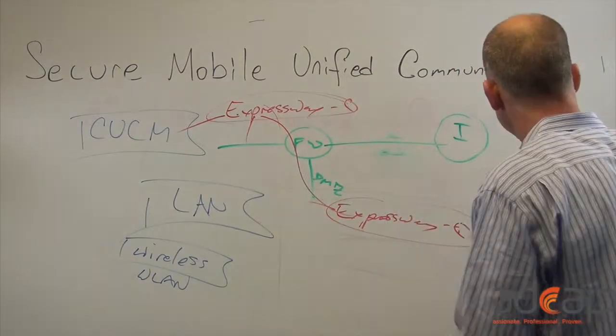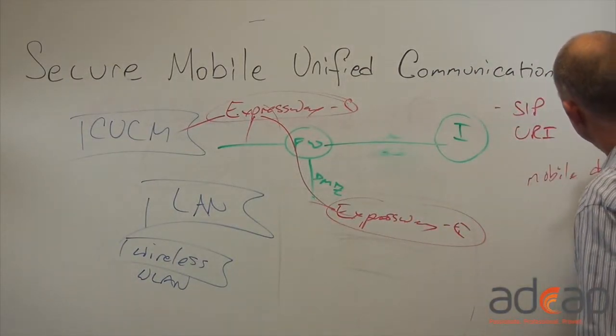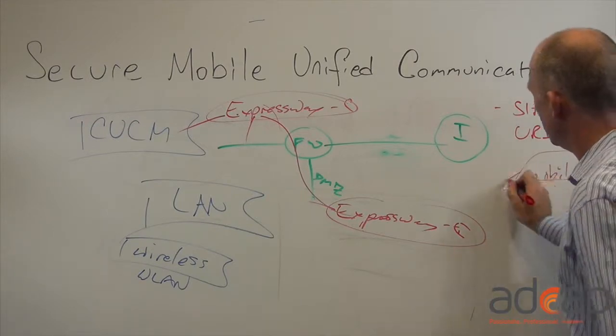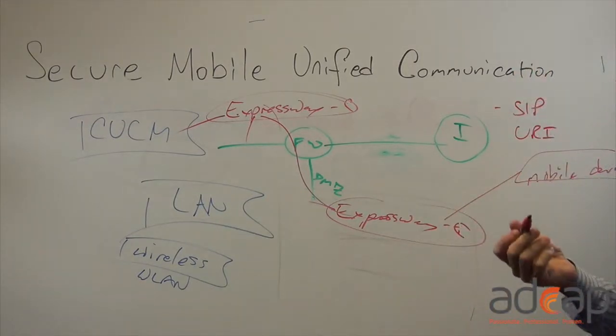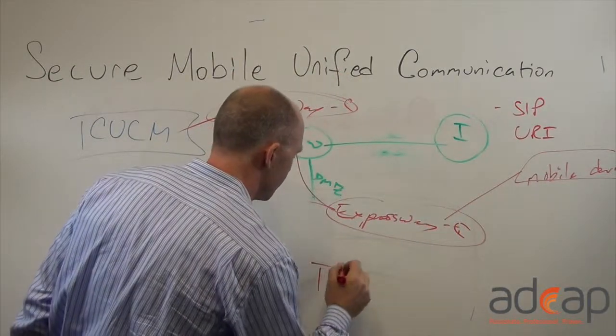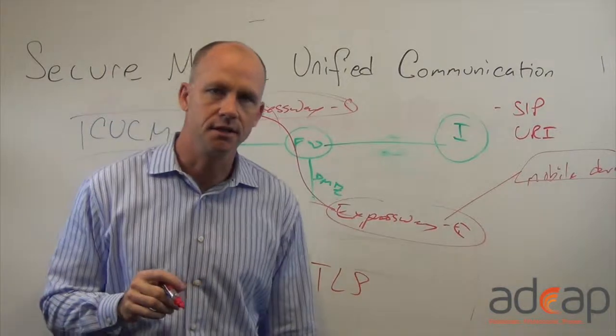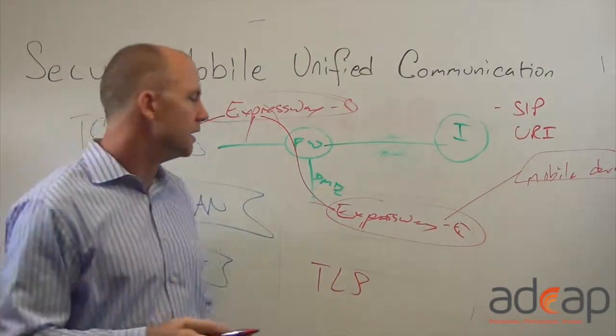And these mobile devices are going to connect back to the Expressway E using a secure method of doing that. So they use what's called transport layer security, kind of the same thing that you use when you're accessing a secure website.